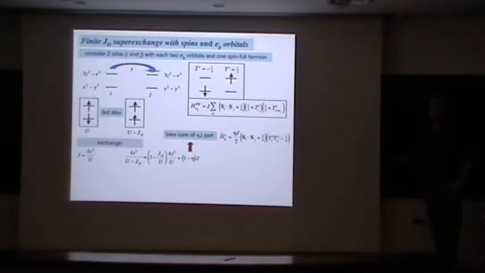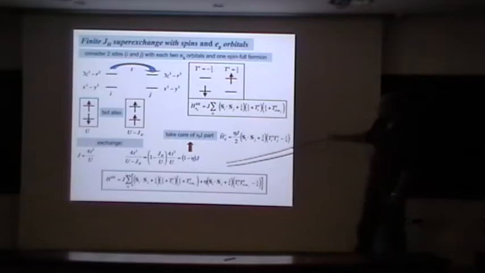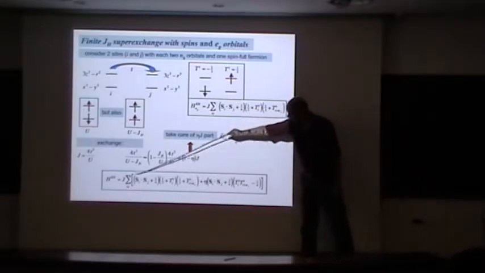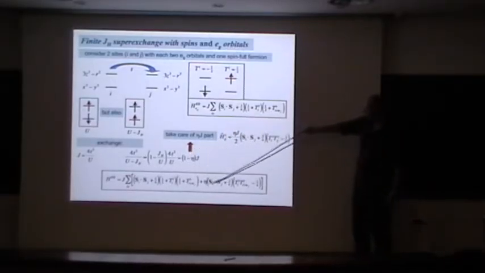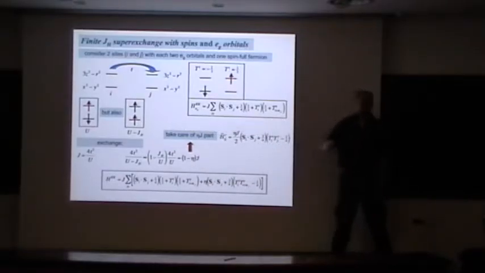And actually here's the answer. You can do the same tricks I did before and derive this. So now you get this KK Hamiltonian, which is the old part I've shown before, plus eta times a part that takes care of this Hund's rule effect.